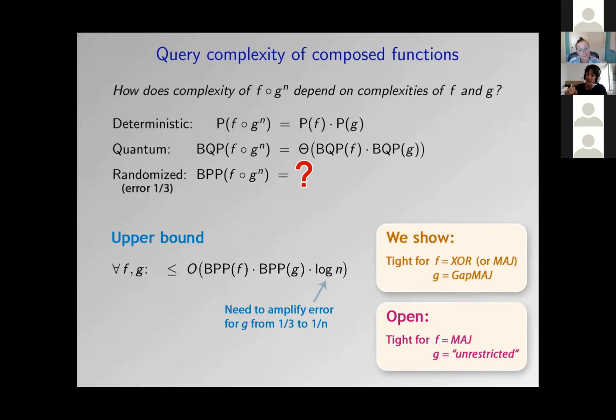And in fact, this was already proved for XOR a couple of weeks ago in a work of Josh Brody and his students. So already one of the open problems in our work was solved, but it's still open to show such a super composition theorem for majority being the outer function. So yeah, I should leave it at that. Okay, thank you.